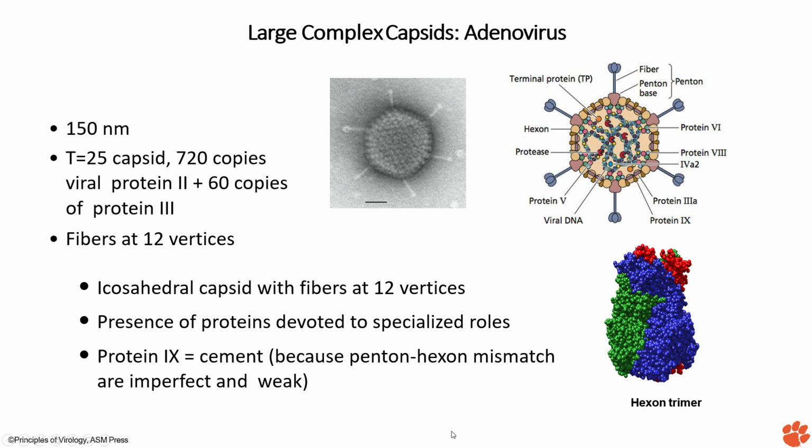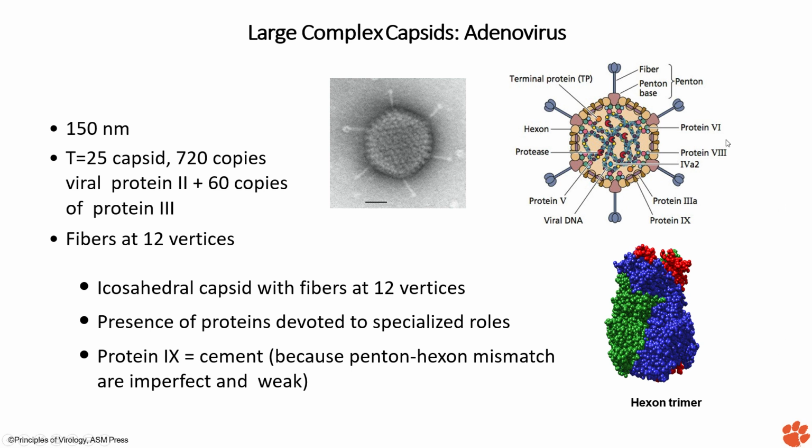Again, cement doesn't mean it glues them, but if it is in there, it makes favorable electrostatic, van der Waals, and hydrophobic interactions so that the structure doesn't fall apart. So this is the cement protein because the penton-hexon mismatches are imperfect and weak structures basically. All of these are happening due to the quasi-equivalence, but it is not perfect.